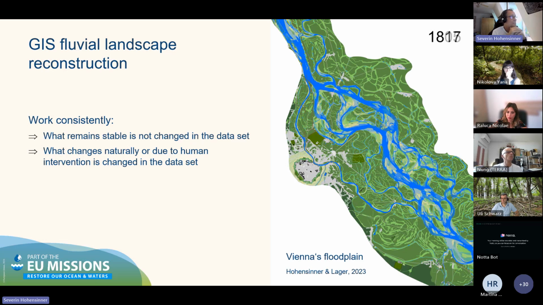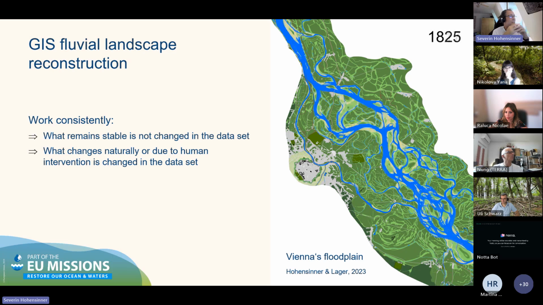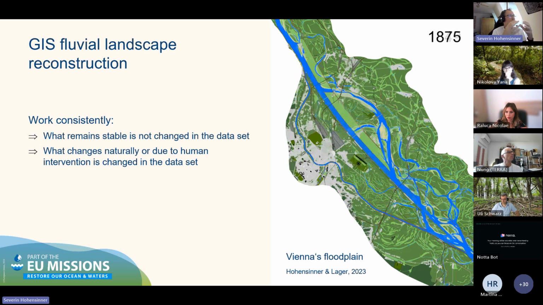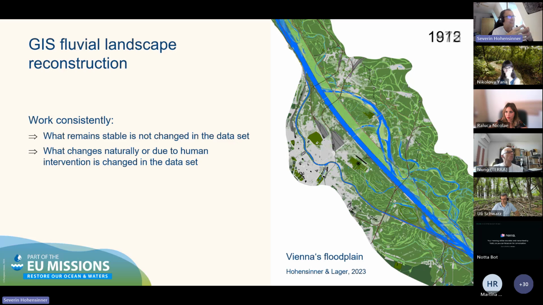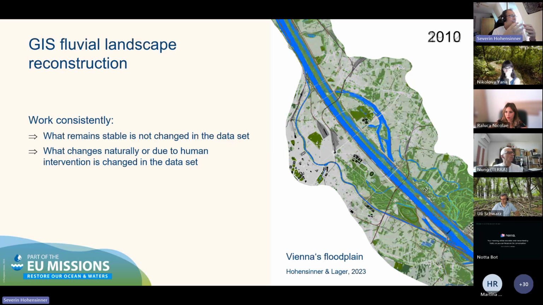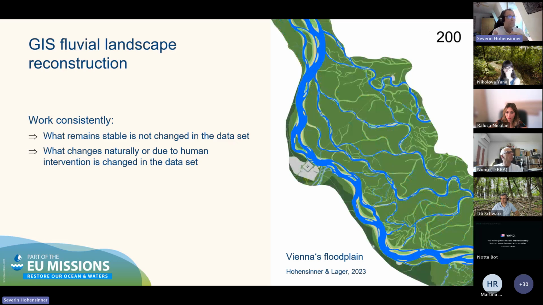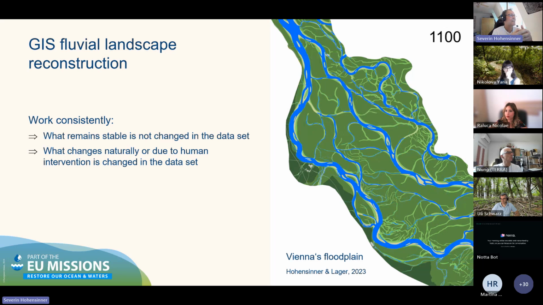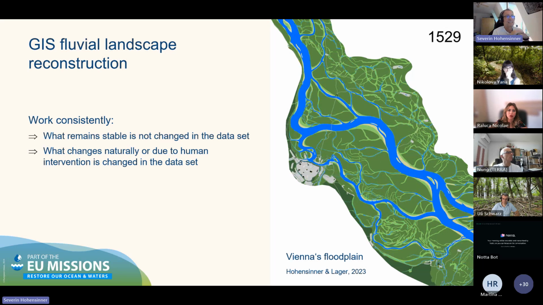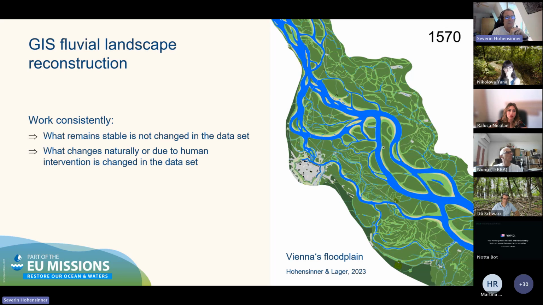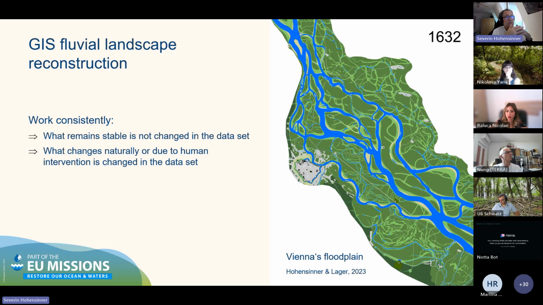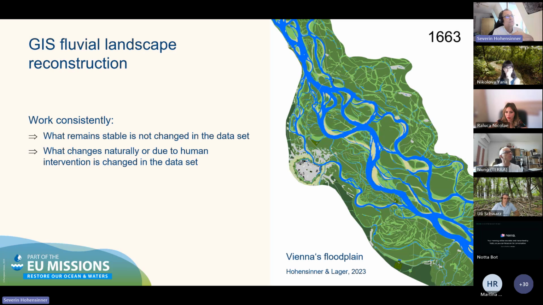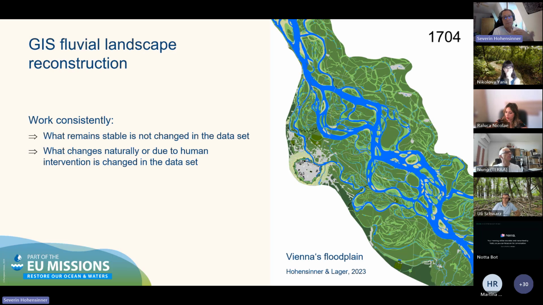You have to work consistently, which means what remains stable in the landscape should not be changed in the data set. What changes naturally or because of human interventions has to be changed in the data set, so that you can produce a coherent chronological map series.